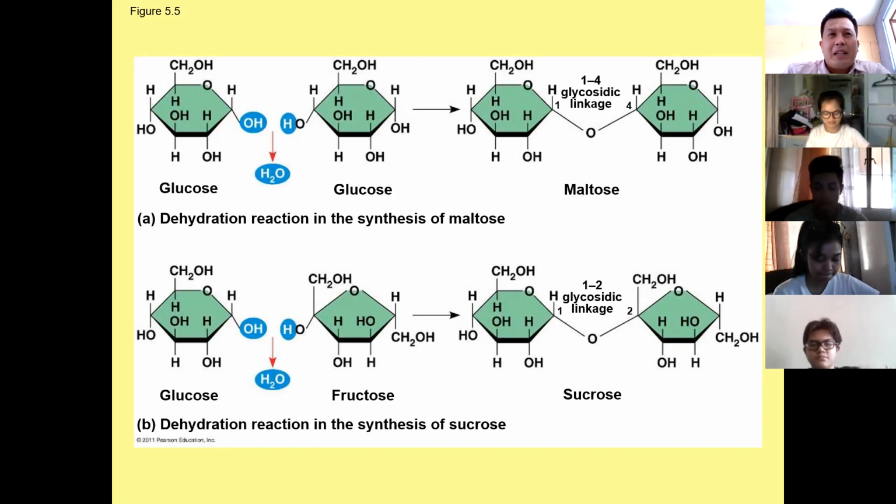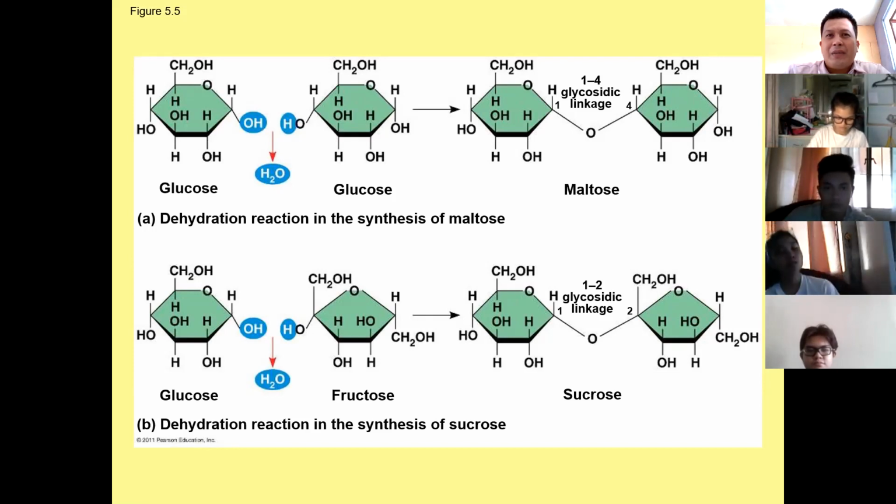What if I combine glucose and galactose, class? If you allow glucose and galactose to participate in a dehydration reaction, it will result in the sugar found in milk, which my digestive system cannot tolerate.